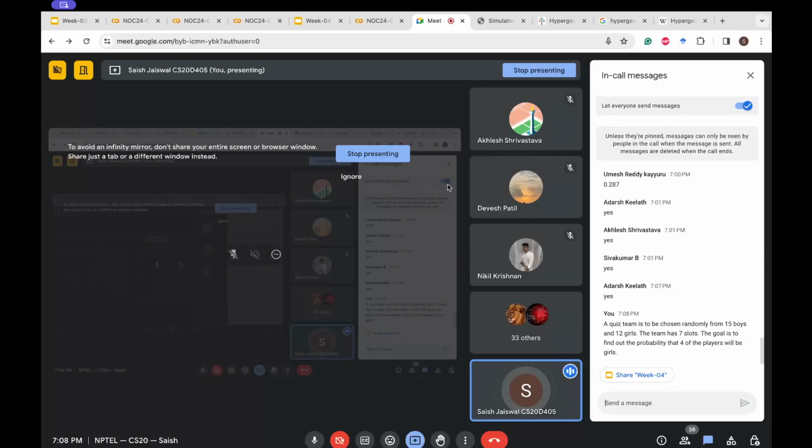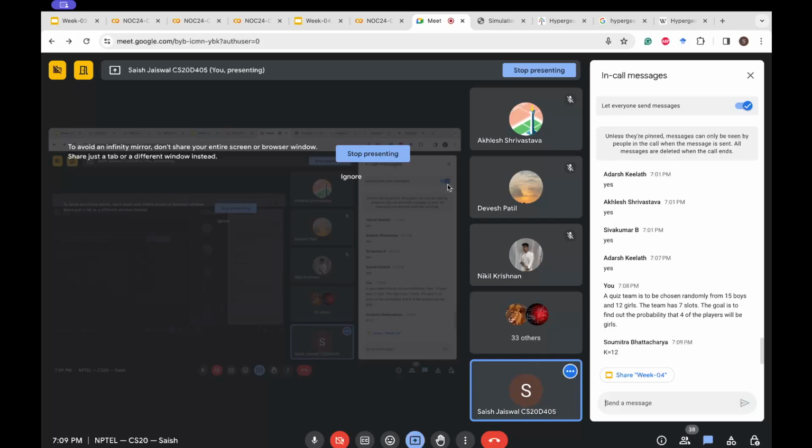Can anyone tell? I have put the question in chat. So there are 15 boys, 12 girls. The goal is to find the probability that 4 of the players will be girls.